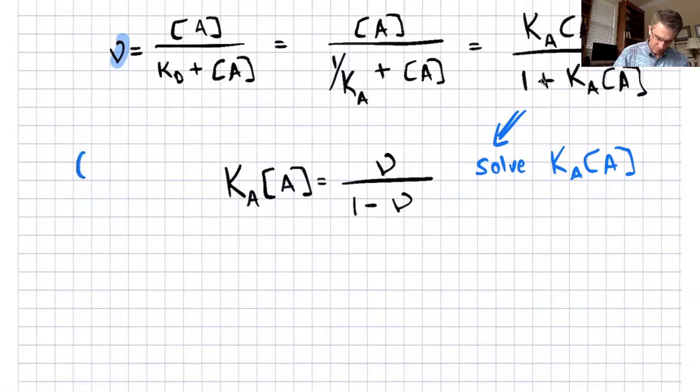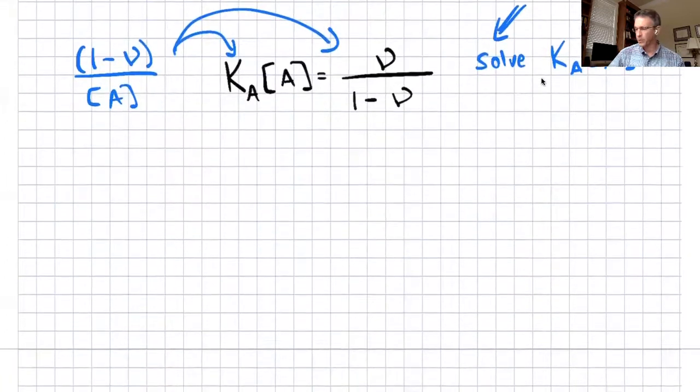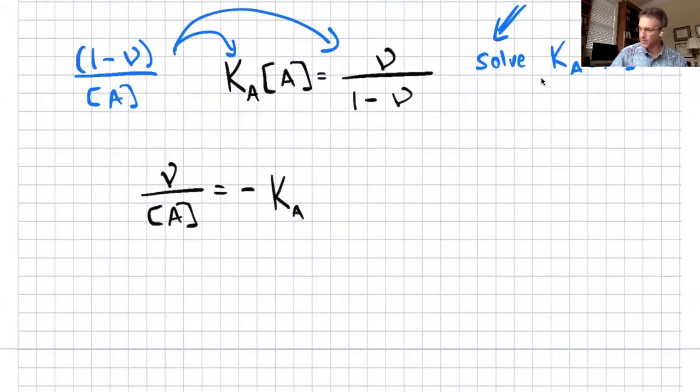It turns out that 1 minus the degree of binding divided by the concentration of A, if you multiply this through and then rearrange, you can solve for the following linear transform: the degree of binding divided by the concentration of A equals minus the association constant times the degree of binding plus the association constant. Look at that.